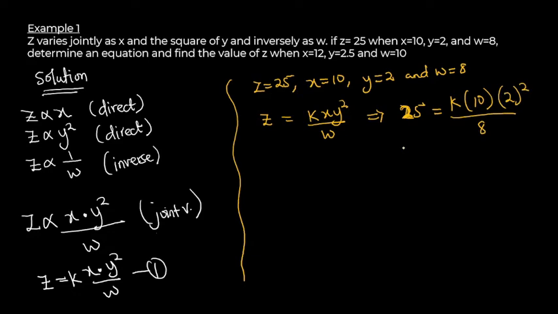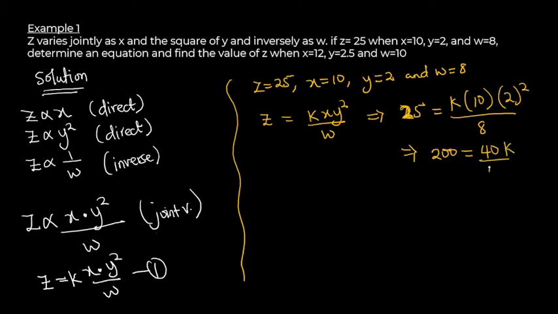If we further simplify this, we are going to have 25 multiplied by 8 over here, and that is going to give us a value of 200, equal to 2 squared is 4 multiplied by 10 will give us 40, multiplied by the constant, 40k.